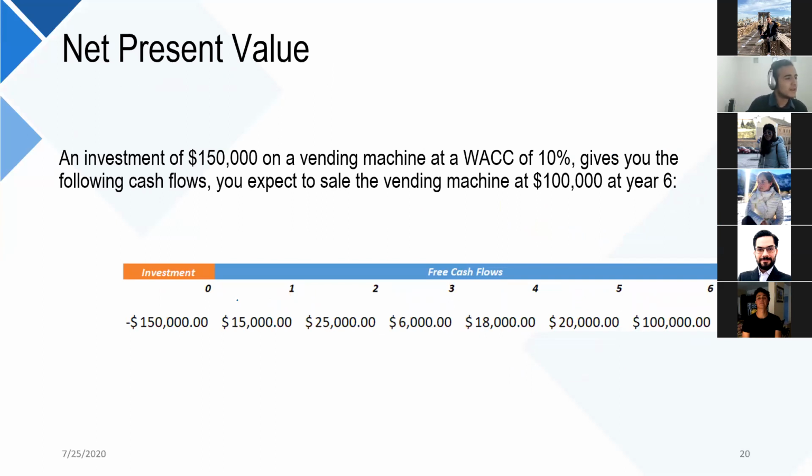Well, remember, if you were to add these cash flows into a single line and say, okay, if I were to invest 150,000 in a vending machine and I were to get this every year, then you may think, well, this is a good investment. If you add all this up, what do you get?